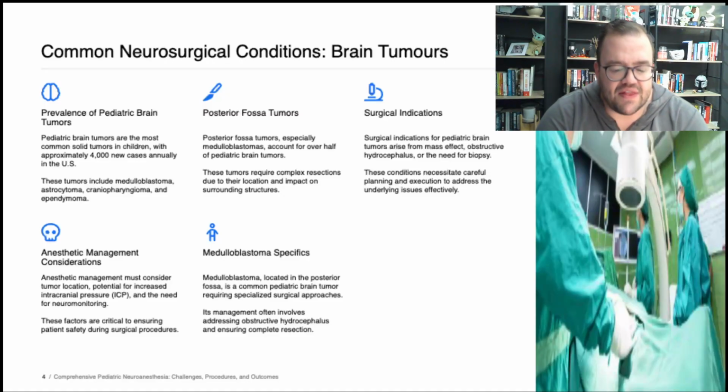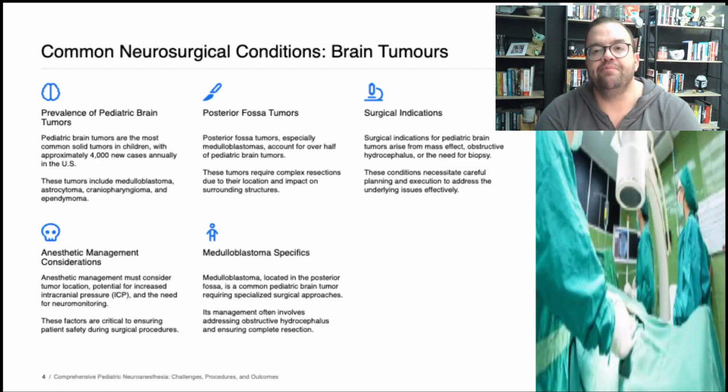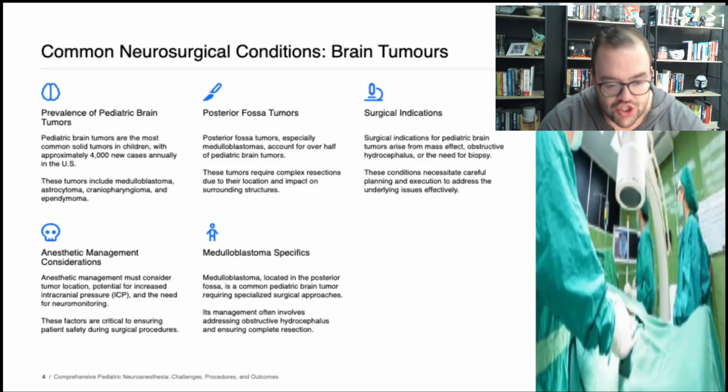These include medulloblastomas, astrocytomas, craniopharyngiomas, ependymomas, and what type of tumor it is, what type of tissue it is, will dictate the severity, the prognosis, the aggressiveness of the tumor, whether surgical treatment alone is adequate, whether they will need chemo and radiation, and that will be managed in conjunction with the neurosurgeon, the pediatrician, and the pediatric oncologist.